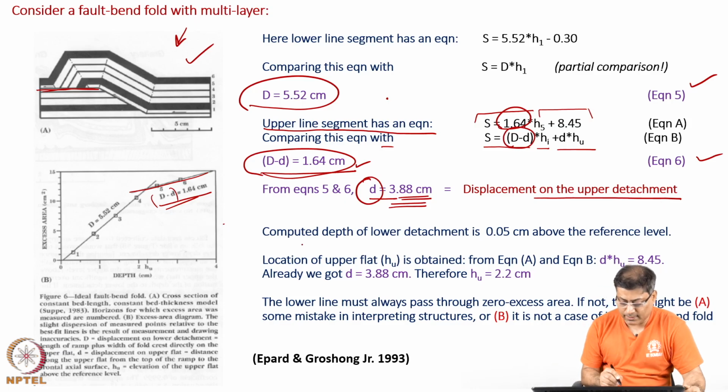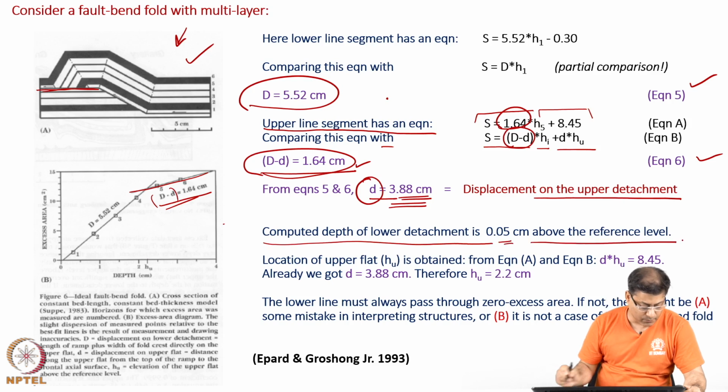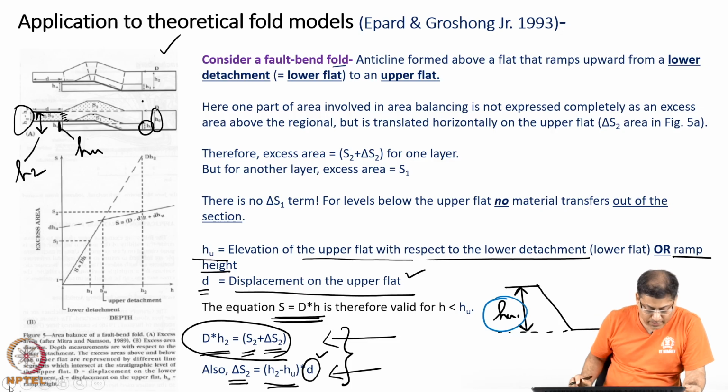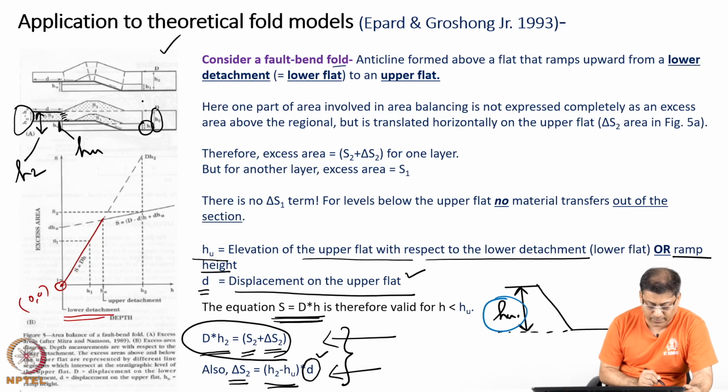Now, we have to understand this statement. The computed depth of lower detachment is 0.05 centimeter above the reference level. What does it mean? For that, let us go back to this particular diagram. Note that the lower segment of the line here passes through the origin 0, 0, and that has been identified as the lower detachment, this particular point.